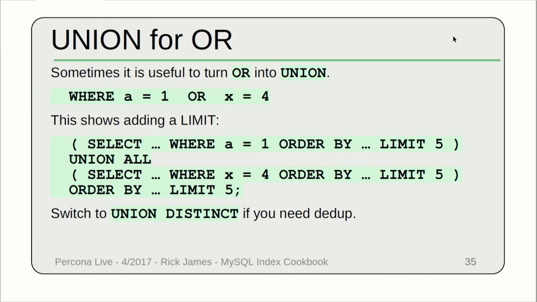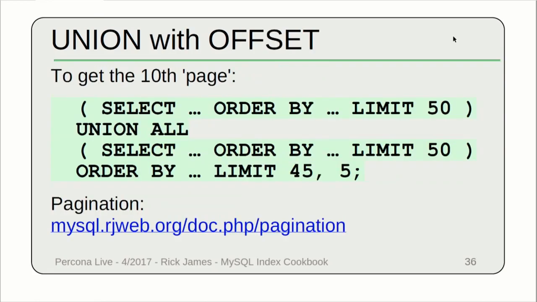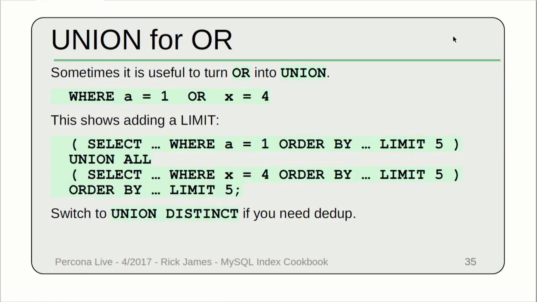So this is a way of turning an OR into a union. If there's an index on A, this first select will probably use it. If there's an index on X, the second select will probably use that. So these two subqueries may be very efficient.